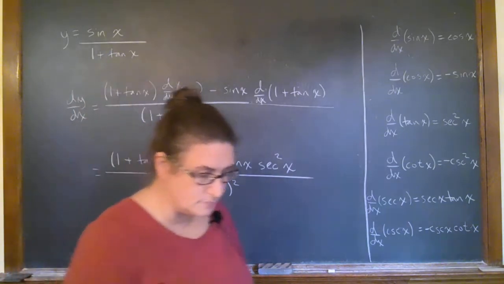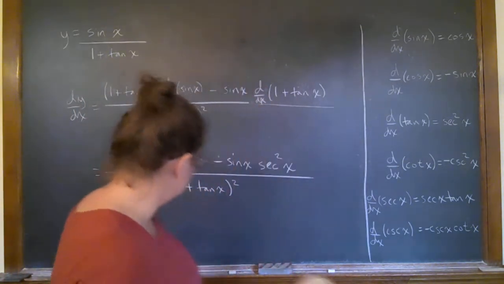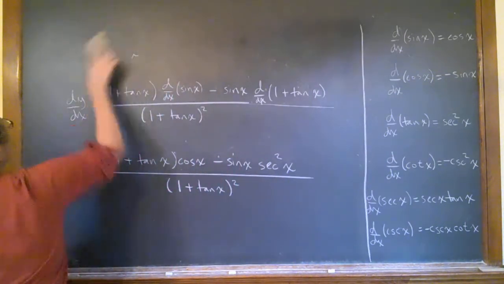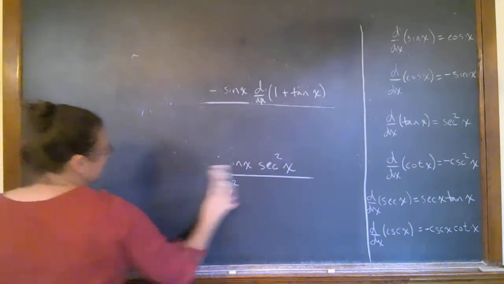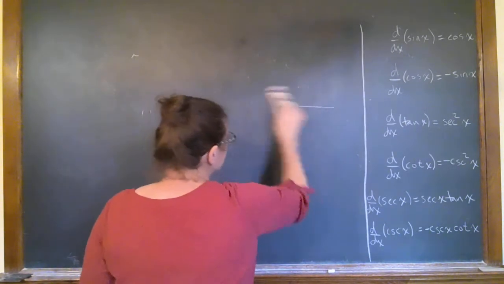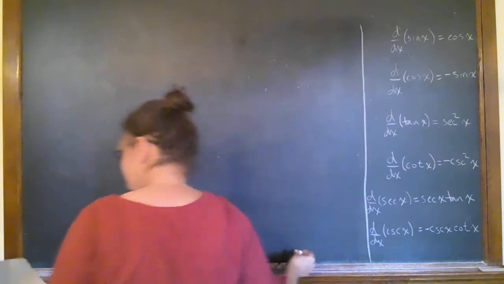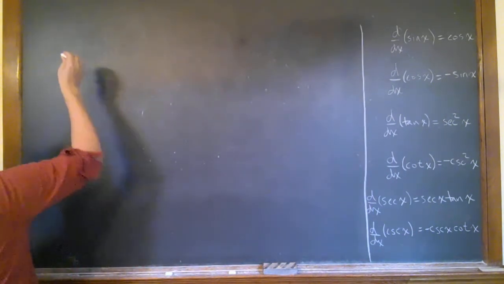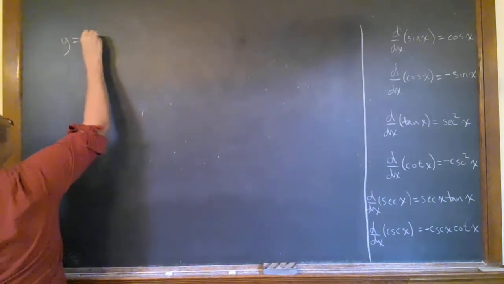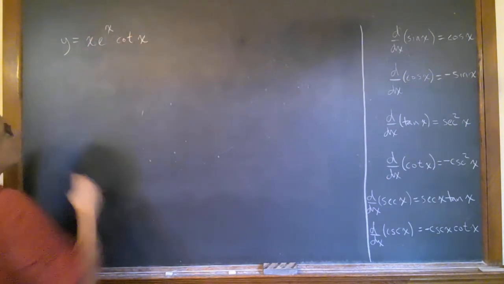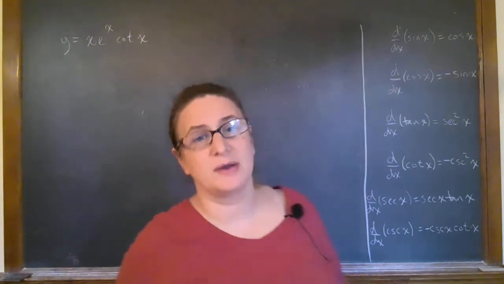Oh, I did want to do, because I had forgotten to do this, another example of the product rule, but now in this example, you have not 2 functions, you have 3 functions.